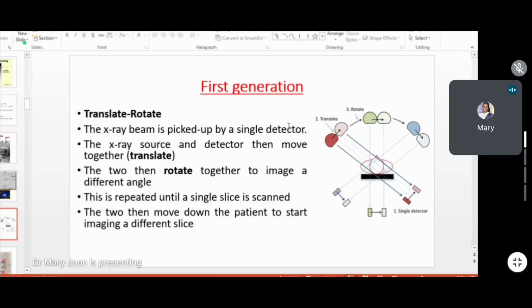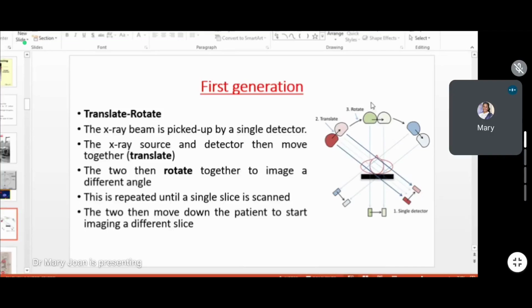So how the translate-rotate takes place: the X-ray beam is picked up by a single detector. The X-ray source and detector then move together, and the two then rotate together to image a different angle. And this is repeated until a single slice is scanned. The two then move down the patient to start imaging a different slice. One particular slice is selected. Then it used to be a narrow beam or single beam, single ray.